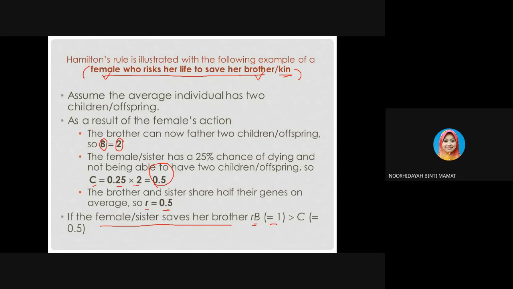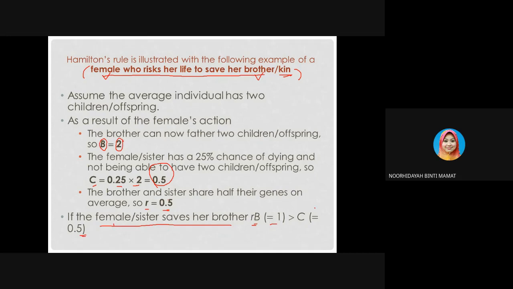0.5 times 2 equals 1, which is larger than C. C is 0.5. So it actually agrees with Hamilton's rule: the benefit of the female helping her brother, reduced by the degree of relatedness, is greater than the cost.